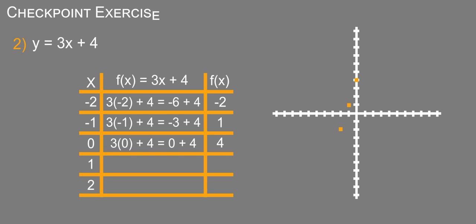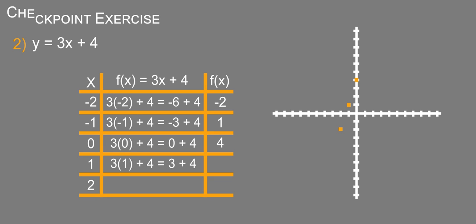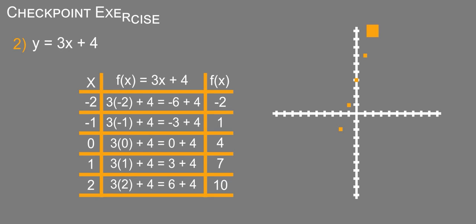When x equals 1, 3 times 1 plus 4 equals 3 plus 4, which equals 7. So 1, 7. And then finally 3 times 2 plus 4 equals 6 plus 4, which equals 10. So 7, 8, 9, 10, and 1, 2, right about here.